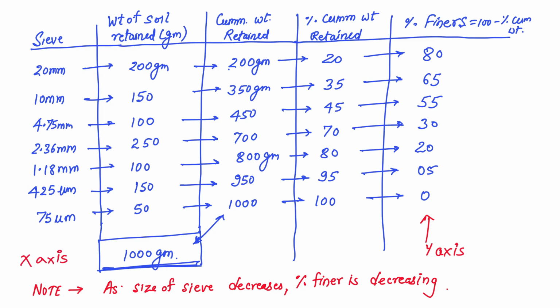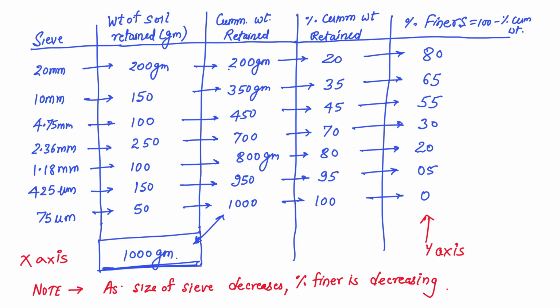And as the size of the sieve increases, the percentage finer also increases. I am not going to plot these values exactly, but by showing this table and calculation, I just wanted to tell you that as the percentage finer increases, the sieve size is also more. And what is percentage finer, which we are going to study here?